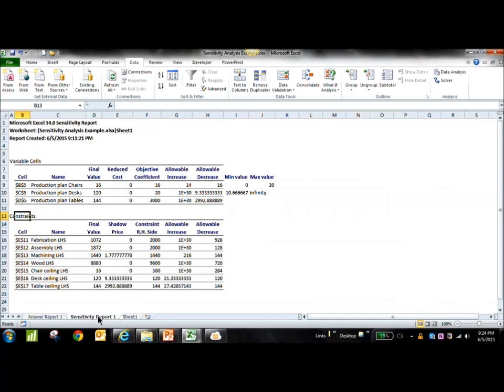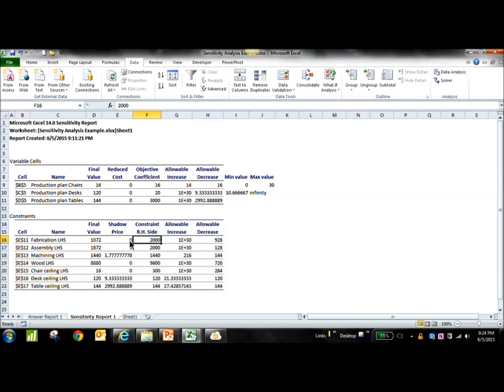So what we're saying is, if I change this constraint right-hand side, this 2000, will it have any impact on the objective function or my optimum value?